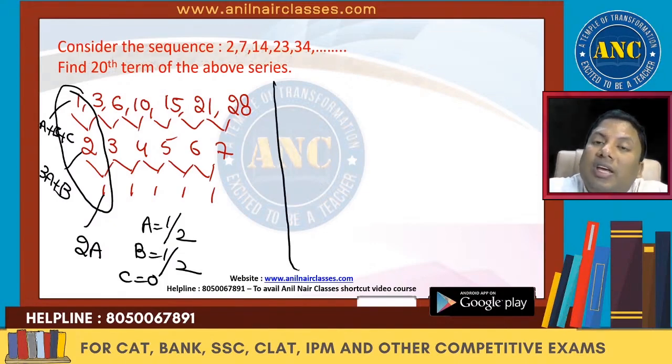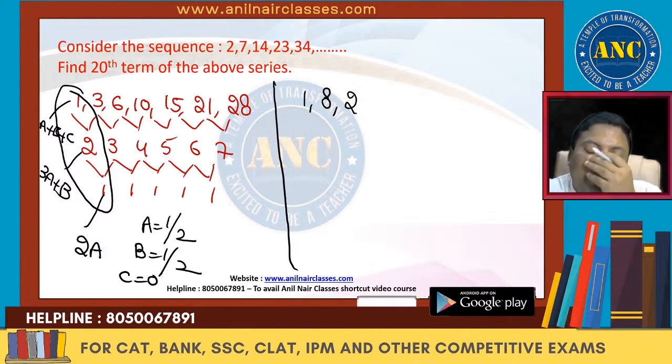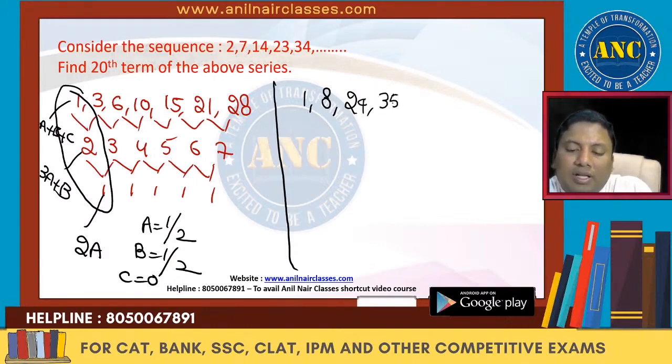How to write down the nth term by using capital A, capital B, capital C. Suppose, for example, I take 1 comma 8 comma 24 comma 35. Find the 12th term. How to get the answer directly?